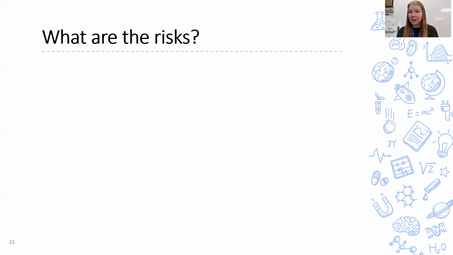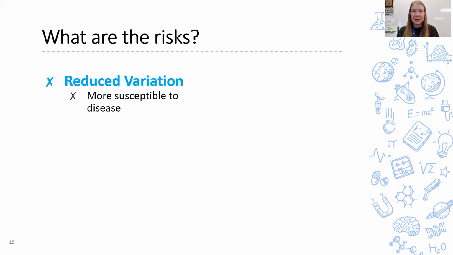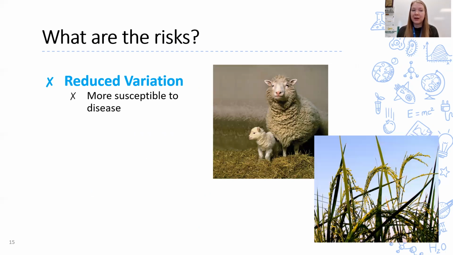Now, there are a lot of risks that come with playing around with genetics. Some of those risks include reduced variation. And when you have small variation, this makes you more susceptible to diseases.